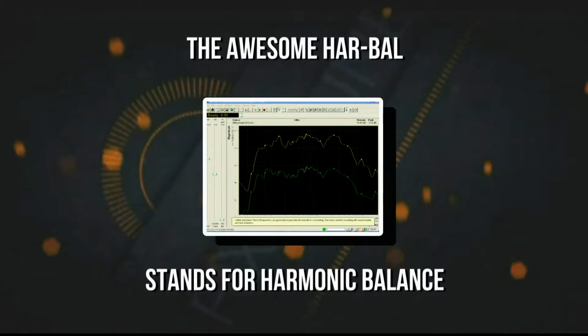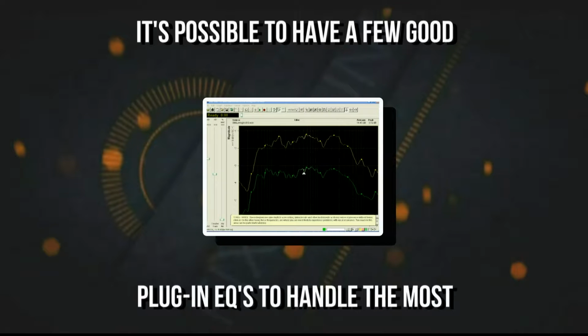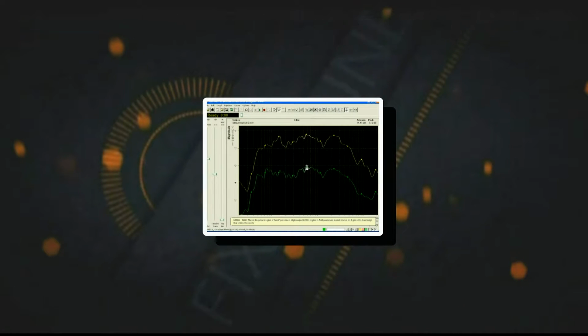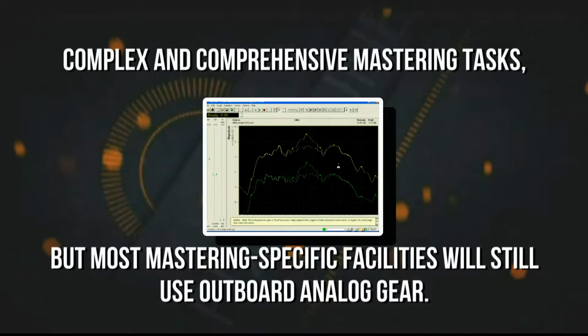But we definitely live in a time where the digital environment is a high enough quality to where you can work inside the box and not compromise the quality of your recordings. A lot of traditional mastering houses are still using all hardware and will swear by it.